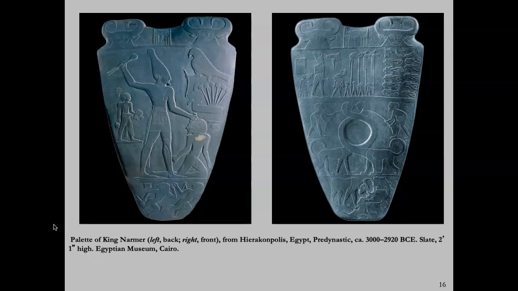We'll be looking at each side individually and describing the imagery we see. But before I do, I want you to notice the imagery that is shared by both sides. At the top of each side, we see the image of the goddess Hathor or Bat, who is represented by a cow head with these curly horns.